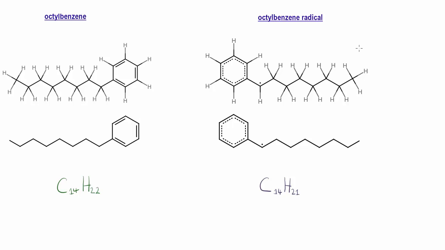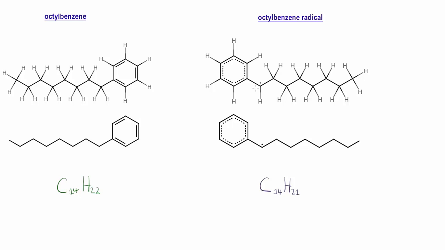And if you count the hydrogens in the octyl benzene, you would find that you get C14H22, right? And over here with the octyl benzene radical, as you can see, one of the hydrogens has been knocked off, so you've got an unpaired electron in the place where the hydrogen previously was.